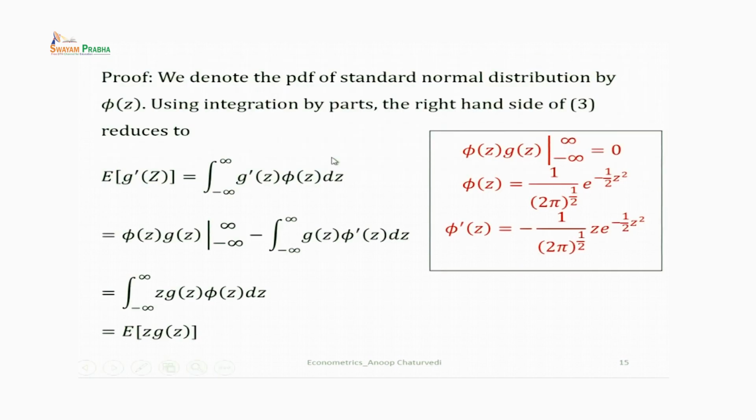Now, we prove this result. So, we denote the PDF of a standard normal distribution by phi z. Then we use integration by parts, and we start with the right hand side of equation 3. So, the right hand side of equation 3 is expectation of G dash z, and expectation of G dash z is integral from minus infinity to plus infinity of G dash z phi z dz.